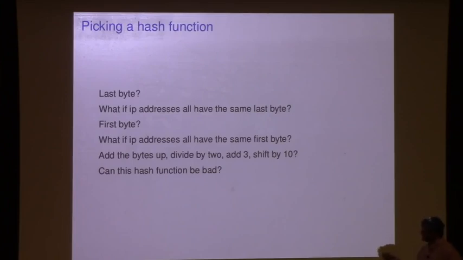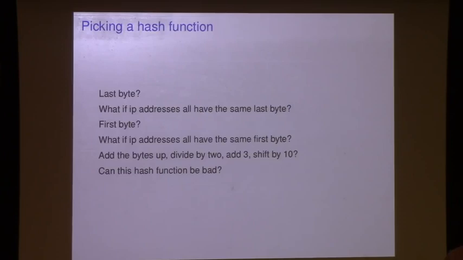Well, in some sense, I'm going to explain in more detail, but I want you to think about it a little bit on your own, or at least with a little bit of guidance. How many IP addresses are there? 2 to the 32. Now, if I look at all those IP addresses, and I map them, no matter how I map them, to a table of size 100, is one entry going to have a lot of IP addresses mapped to it?